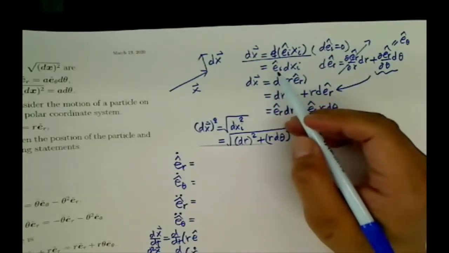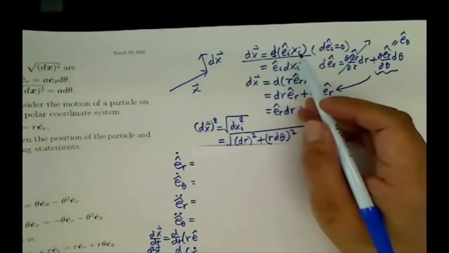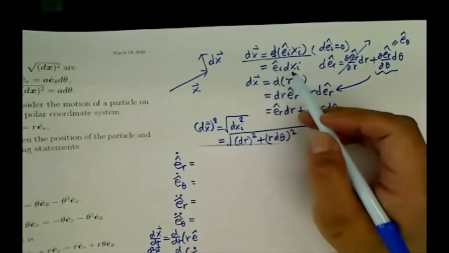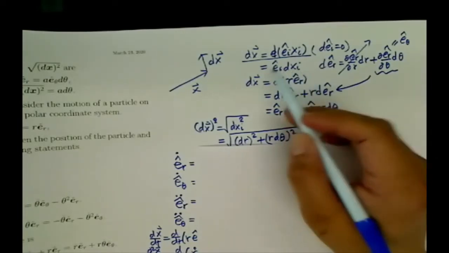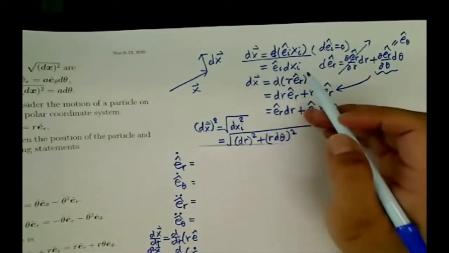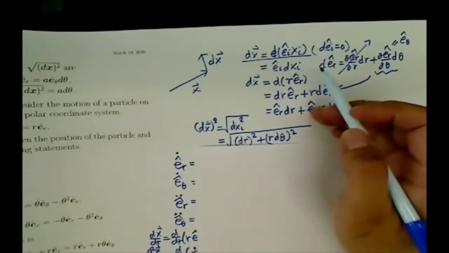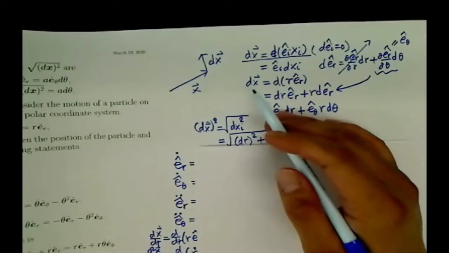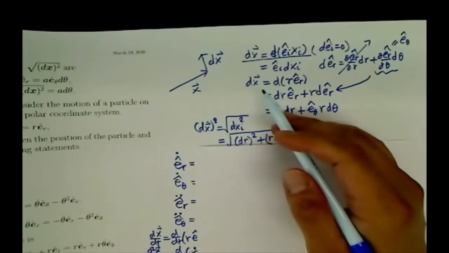And the next one is taking the differential of xi over vector ei hat, dxi. This is the differential in the Cartesian coordinate system. Next, we consider the case of dx in the two-dimensional polar coordinate system.